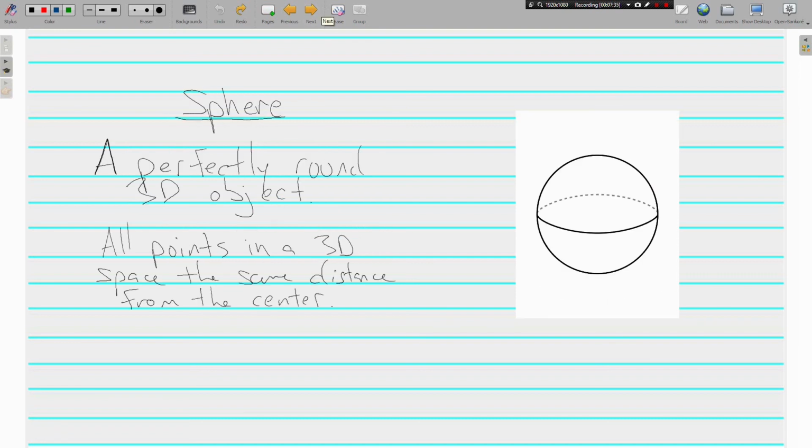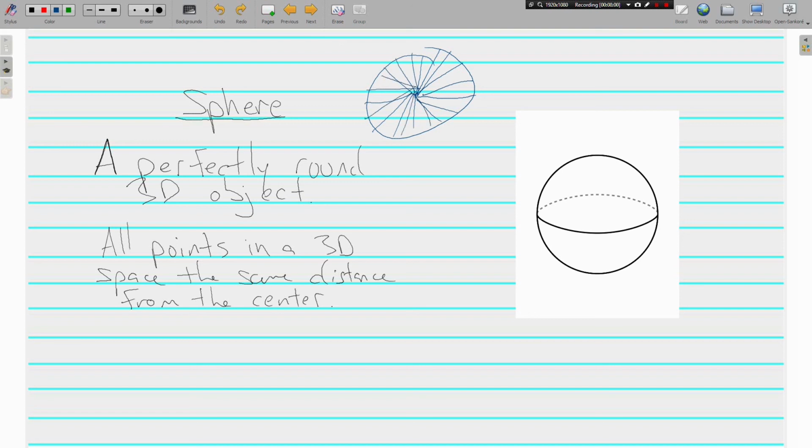A sphere is a perfectly round three-dimensional object. All points in three-dimensional space are the same distance from the center. When we talked about circles, we said a circle has an infinite number of points that are the same distance from a single point called the center.